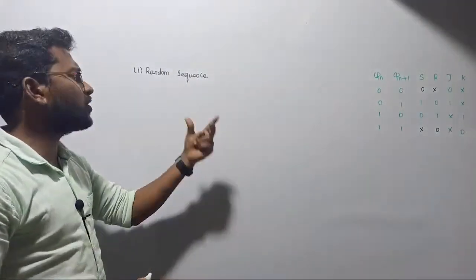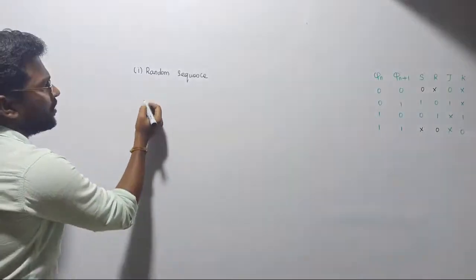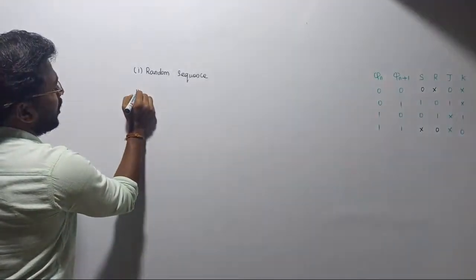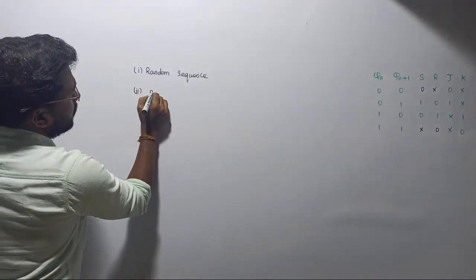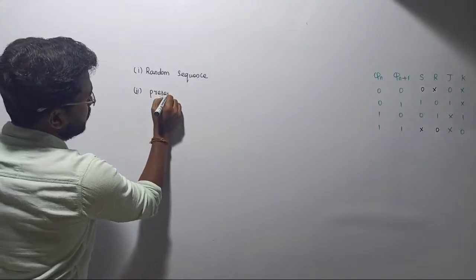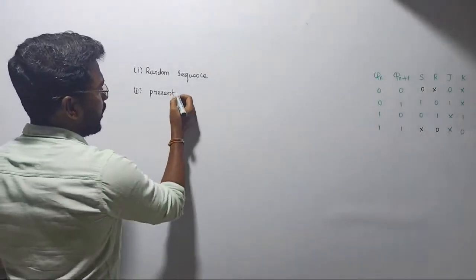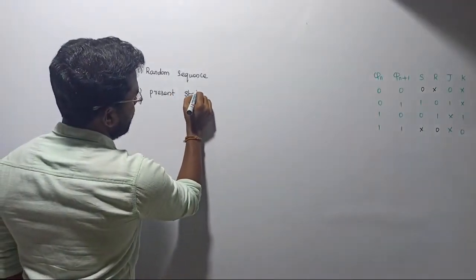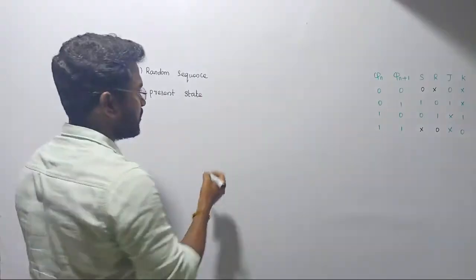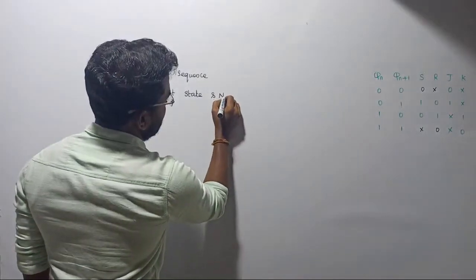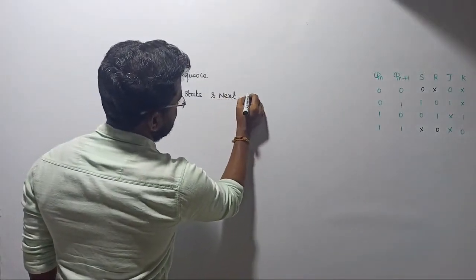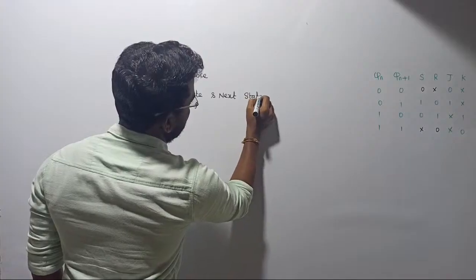Just select any sequence that you want. After selecting the random sequence, you are requested to write the present state under next state of the device, right? You are supposed to write present state under next state immediately.